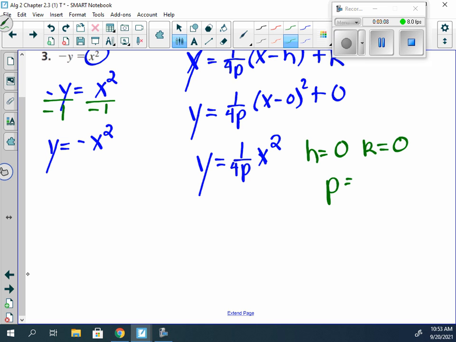So what is taking the place of 1 over 4p in the equation that they gave us? What is in that spot? The negative 1. Even though we don't have it written out as negative 1, there is a negative 1 in front of the x squared being multiplied. So we're really saying that 1 over 4p, where the p is located, is in the same place where negative 1 is.